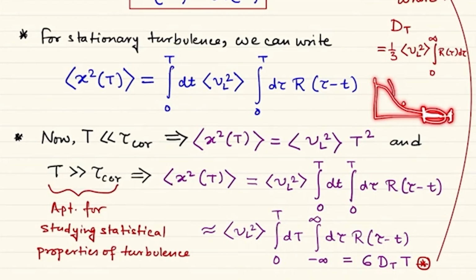On the other hand, if my t is over here, then I cannot assume t to be at infinity. But when t is very near the end of the tail, then you can say my t is almost equal to infinity.